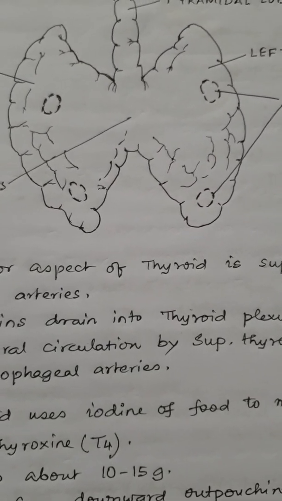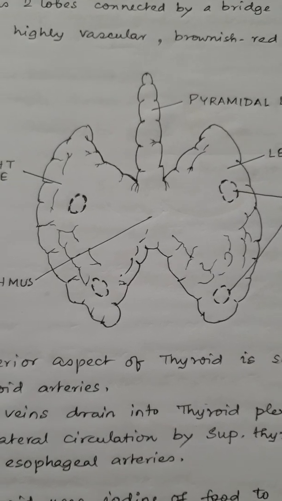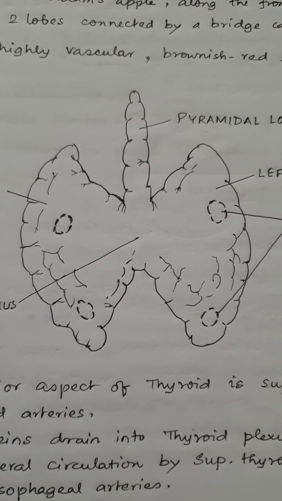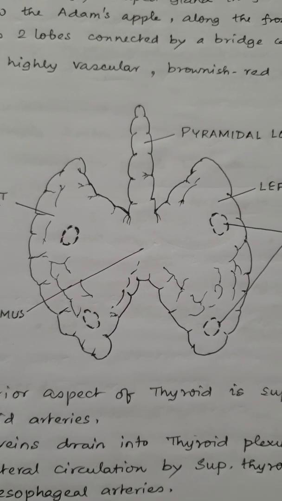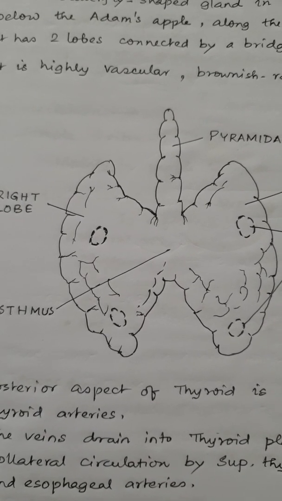The posterior aspect of thyroid is supplied by inferior thyroid arteries. The veins drain into thyroid plexus. Collateral circulation by superior thyroid arteries, laryngeal and esophageal arteries.